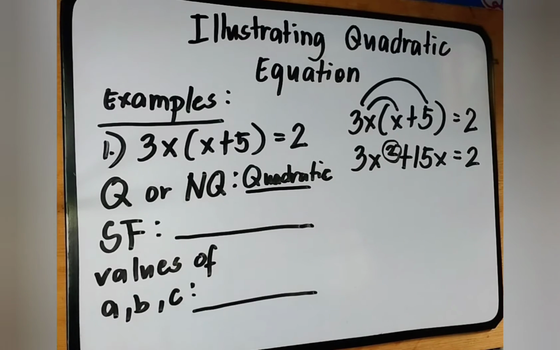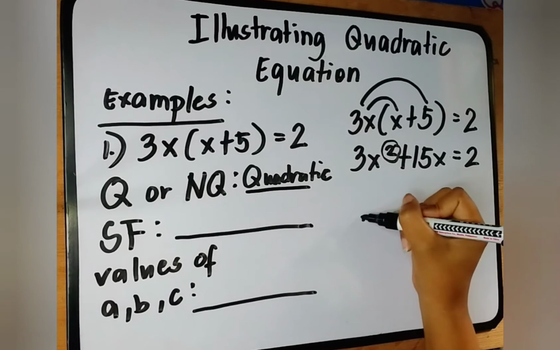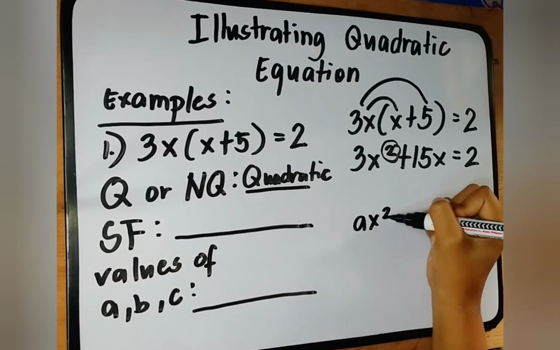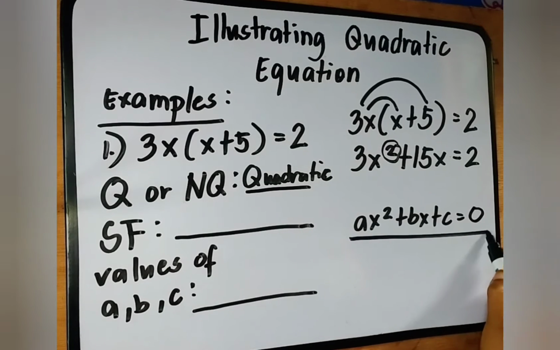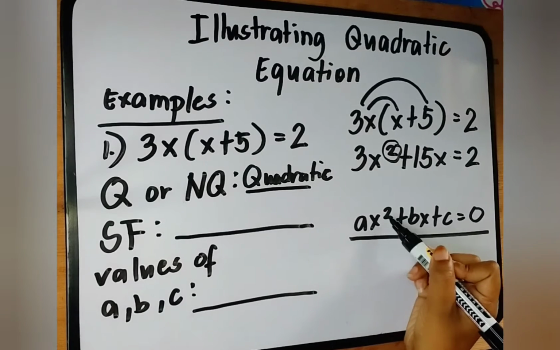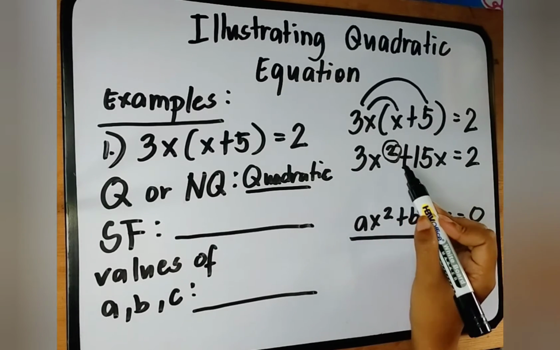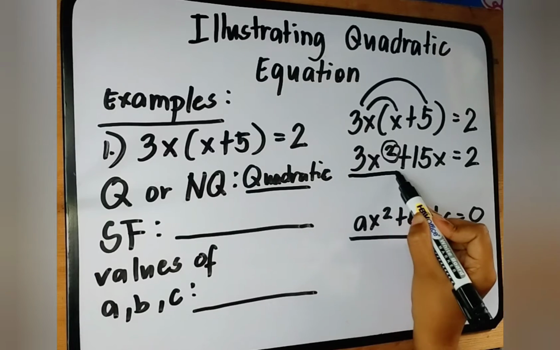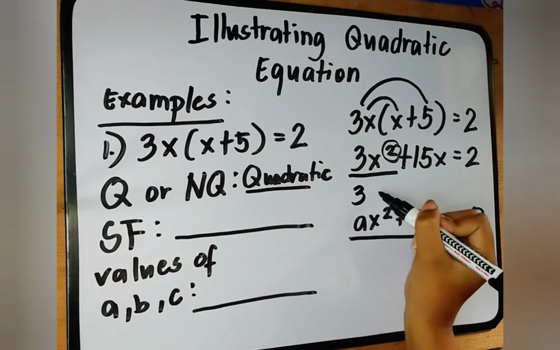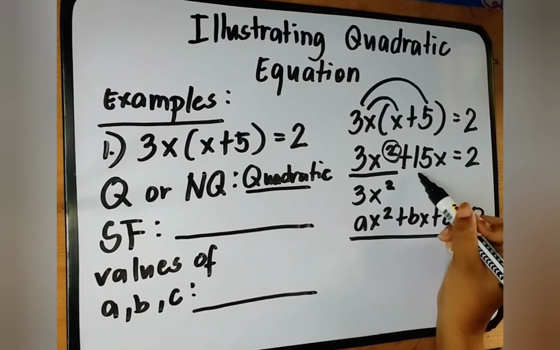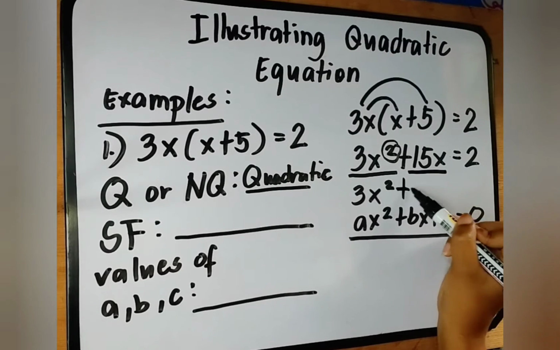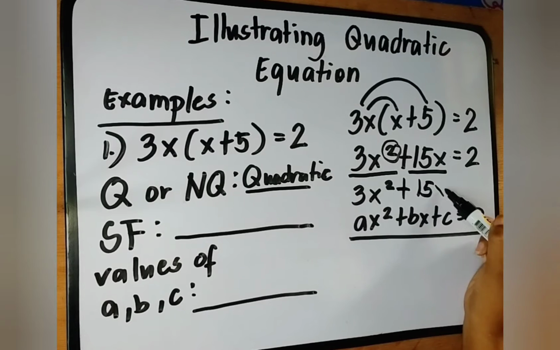Next, since it is a quadratic equation, let's write it in the standard form, which is ax squared plus bx plus c is equal to 0. Ax squared is 3x squared. Then bx becomes plus 15x.